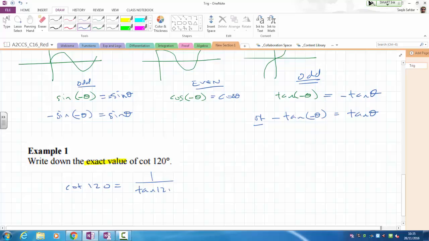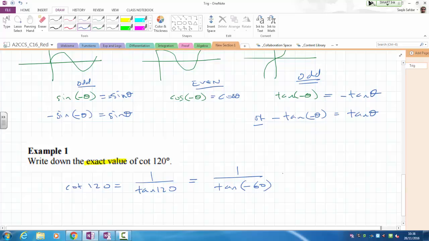Excellent. Tan 120. Now tan has a period of, how often does it repeat? Every 180 or every 360? What's the period for tan? 180. And so therefore the tan of 120 would be the same as the tan of minus 60.